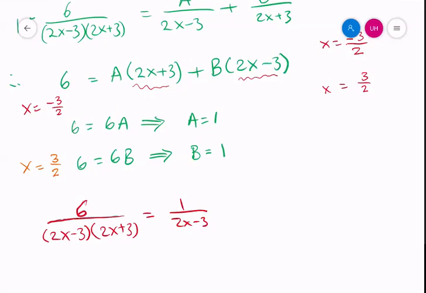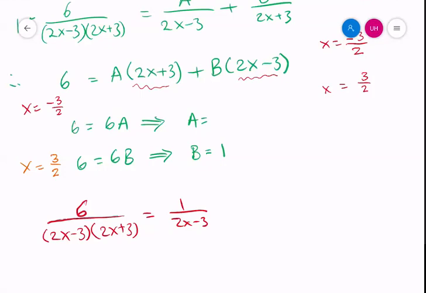I'm just copying from a slide, so I didn't work it out myself, but I can see when x is minus 3 over 2, b is minus 1 actually. Yes, because a here, x is minus 3 plus 3, it's 0. That's right.